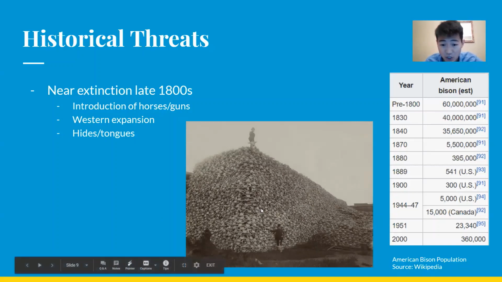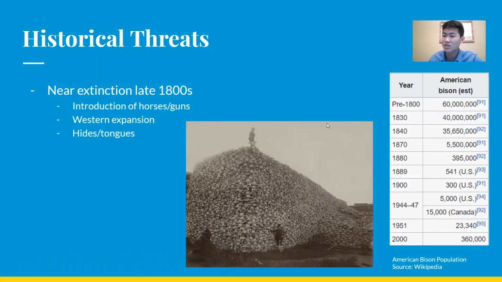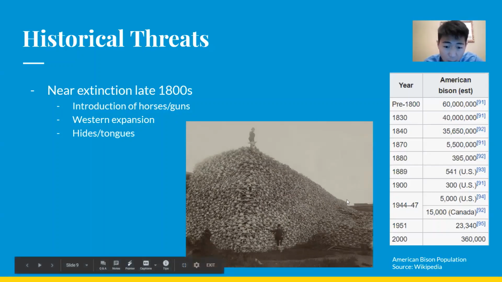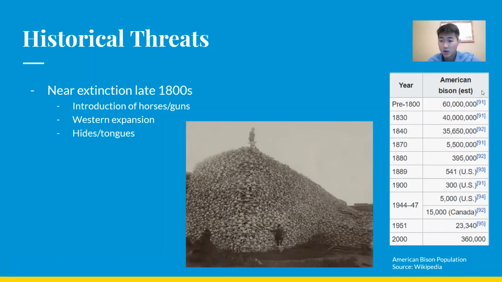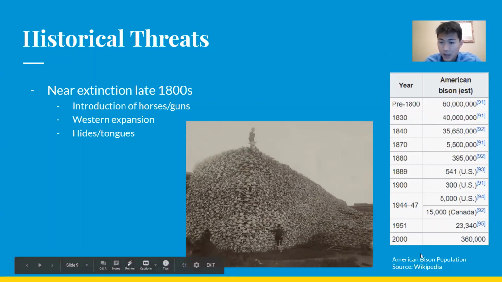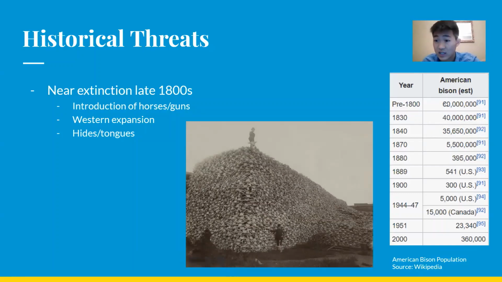As you see in this picture, those are all buffalo skulls that were about to be ground up for other uses later. But you can just see how many thousands and thousands of buffalo were being killed. So if you look at this chart or this table on the right, you can see pre-1800, there were maximum 30 to 60 million bison.